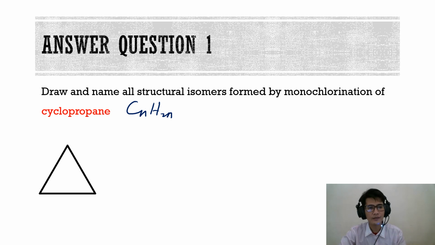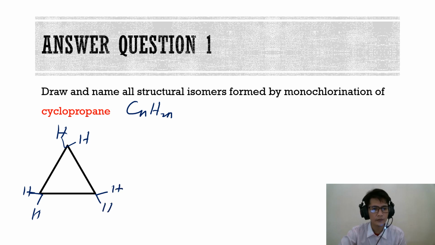Where are the 6 hydrogens? They are actually over here, H, H, H, H, H, H. So all of these 6 hydrogen atoms are in the same environment. Therefore, you have a single haloalkane product, which is this structure, and the name of this structure is chlorocyclopropane.